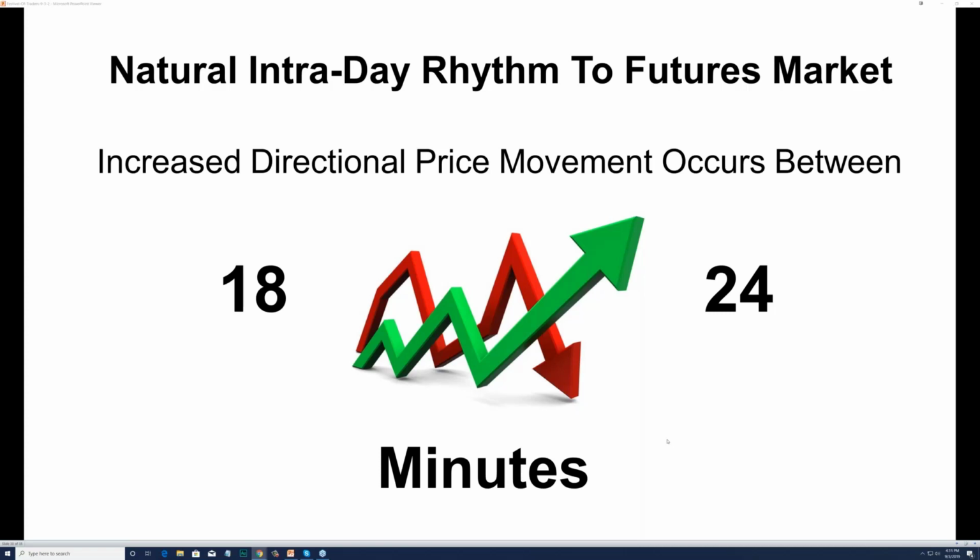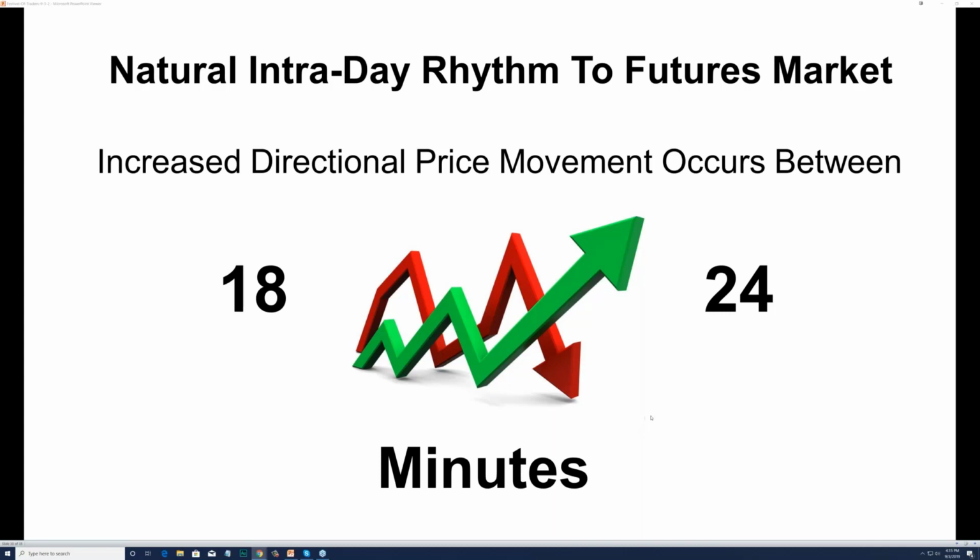And what we get then is increased directional price movement in that range. So let's say in a 30-minute period, we're able to narrow down a 10-minute period where we would see the action occur.